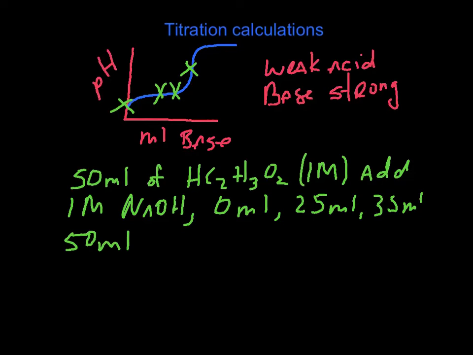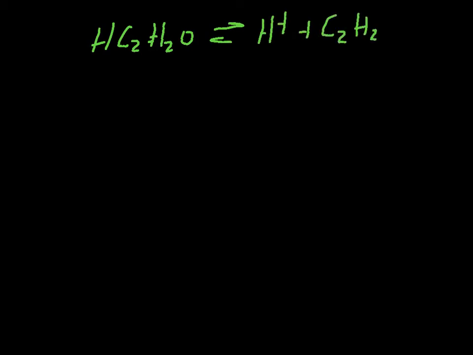So I'm first going to start off with what the pH of the 1 molar acetic acid would be with no base added. So what's going on there, acetic acid, HC2H3O2, is going to break up into hydrogen ion plus the acetate anion. Looks like that. Now initially, might as well do an ICE chart for this one since I can.